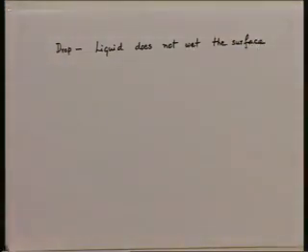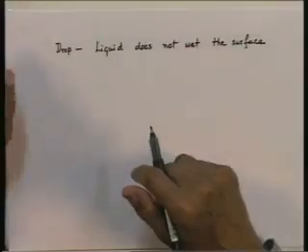When the liquid formed during condensation does not wet the surface, then it accumulates in the form of drops on that solid surface, and we get dropwise condensation.